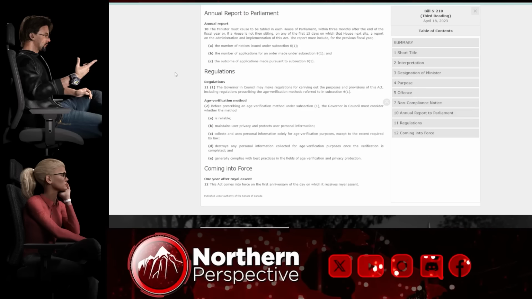So what this means is the governor and council will go away and figure out what these age verification methods are going to be, and then that's what the organizations have to comply with. Now, it makes sense that this isn't actually in the bill because these could change. They could be valid and effective one year, and then the next year they're no longer valid and effective.